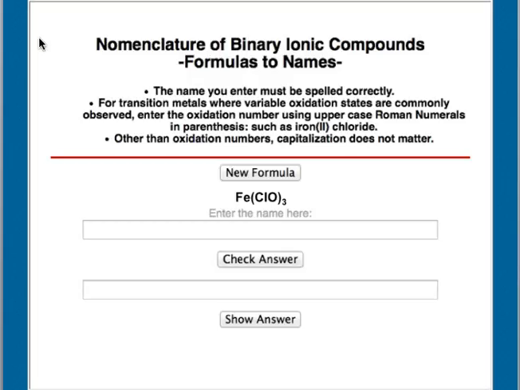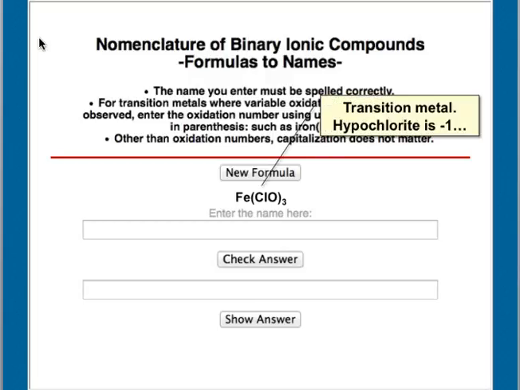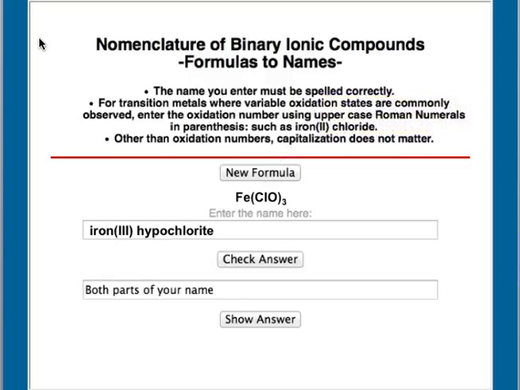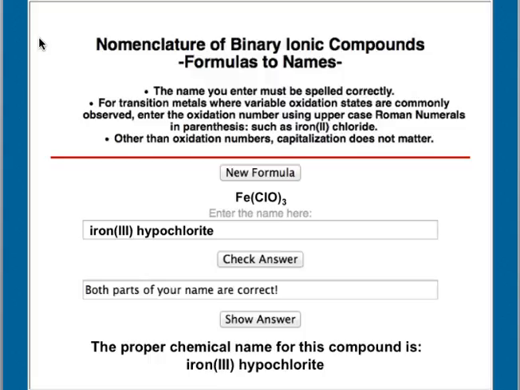We have 3 -1s. Iron, of course, is a transition metal, right there. So we have 3 -1s. We must have a +3 on our iron. We would call it iron 3 hypochlorite.